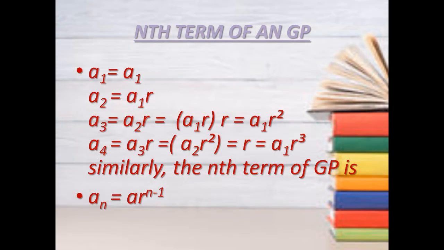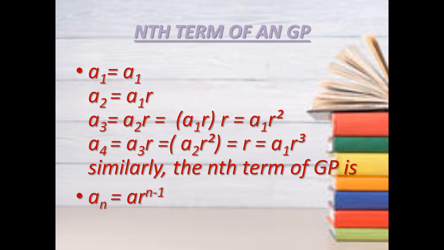Next, what is the nth term of a geometric progression? If we take the first term, A1 is equal to A1 and A2 is equal to A1 into R, A3 is equal to A1 into R square, multiplying by R for every next term.